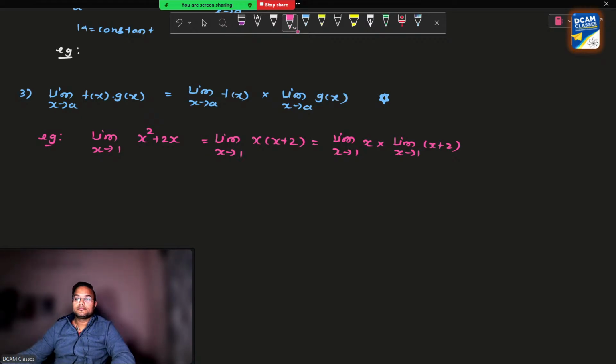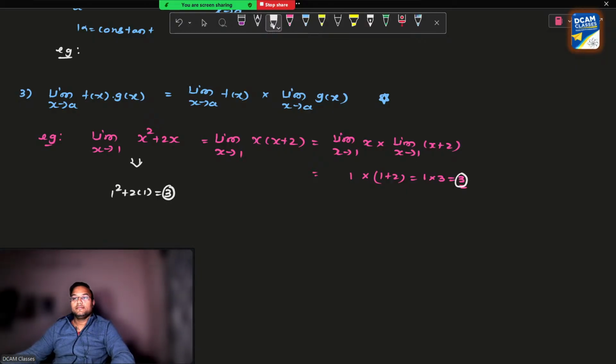Correct? So your answer will be 1 into 1 plus 2, which is 3, so 1 into 3, 3. Now if you solve it the direct way, putting 1, it will be 1 square plus 2 into 1. What is the answer? 3. See, this answer and this answer are the same.